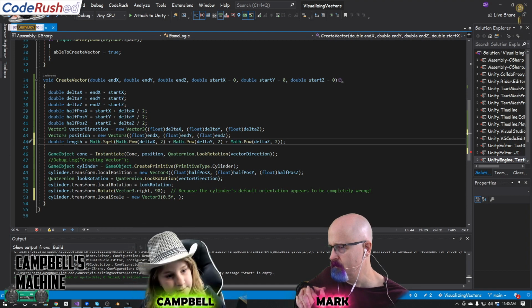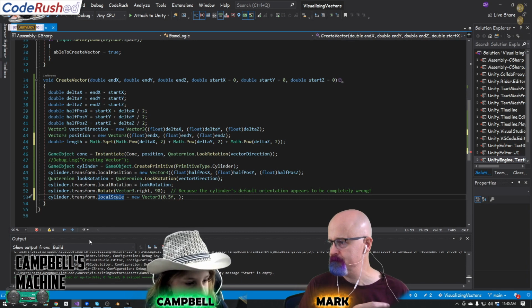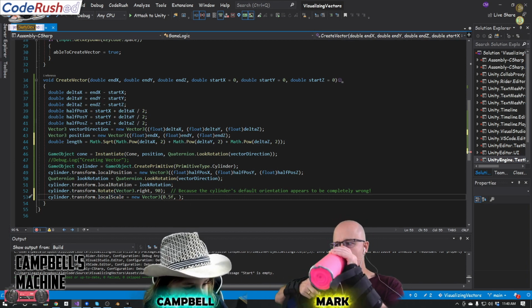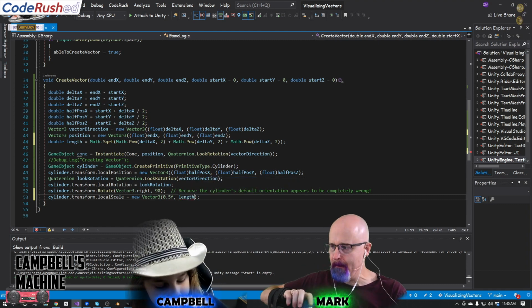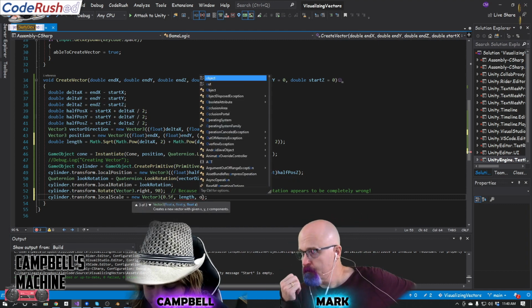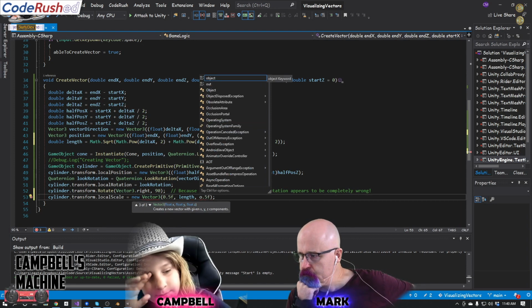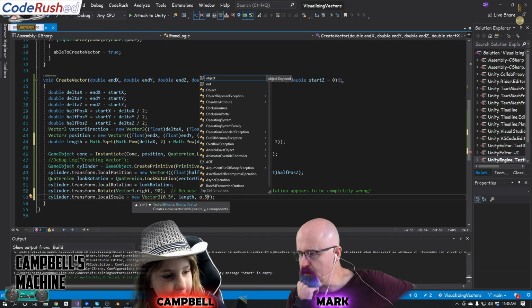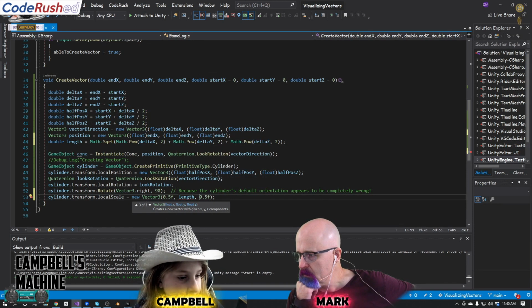Yes. Where are you going to use that length? Right about here. Length, comma space, 0.5 F. That zero looks a little smaller. Oops, that's an O. My bad.